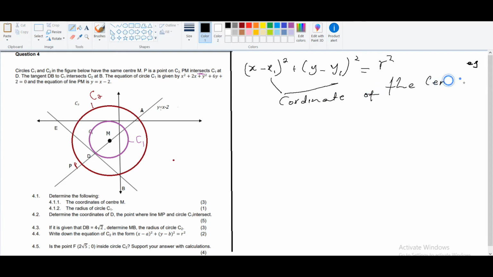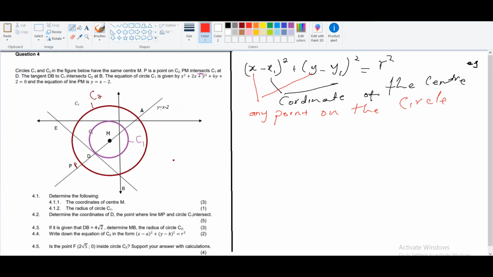Those are coordinates of the center of the circle. And these values, x and y, those are any points on the circle. They represent any point on the circle, right?